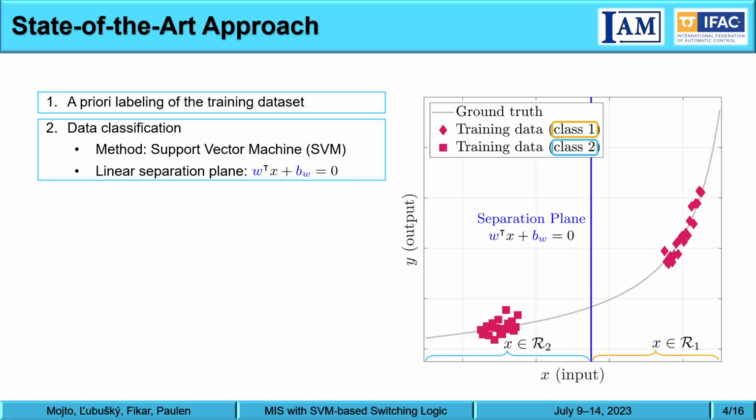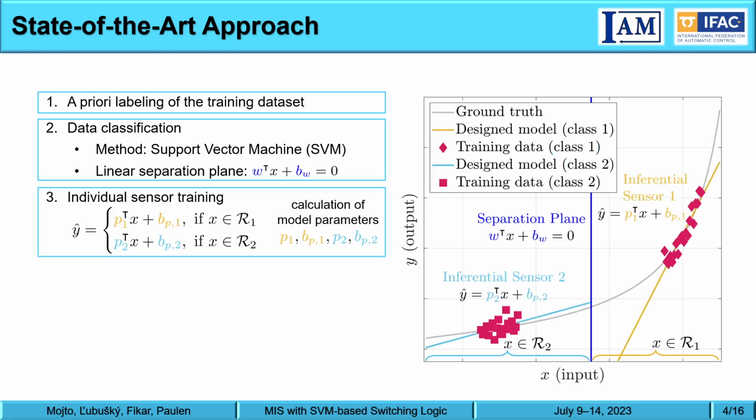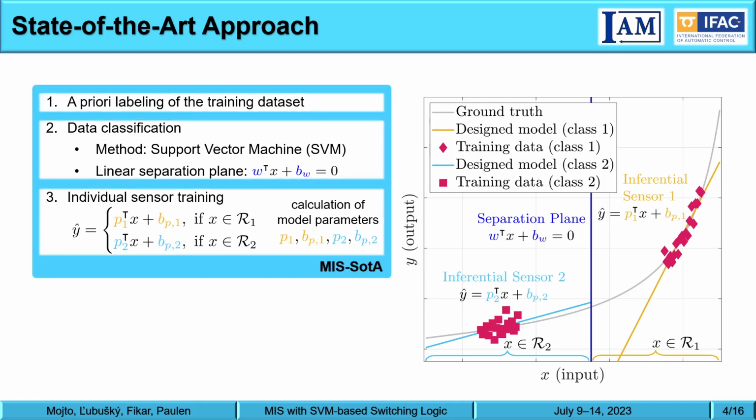In our case, we consider the support vector machine, which provides us the linear separation hyperplane. Subsequently, the classified datasets can be used to design the individual sensors, and all these three steps together form the state-of-the-art approach for the multimodal inferential sensor design.